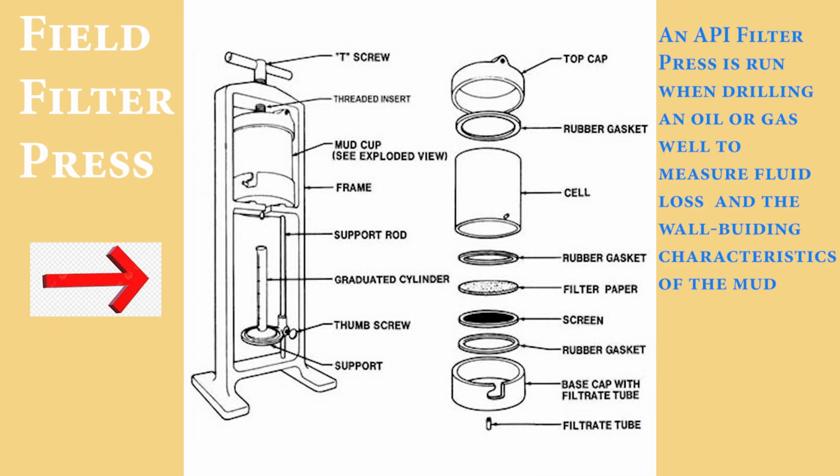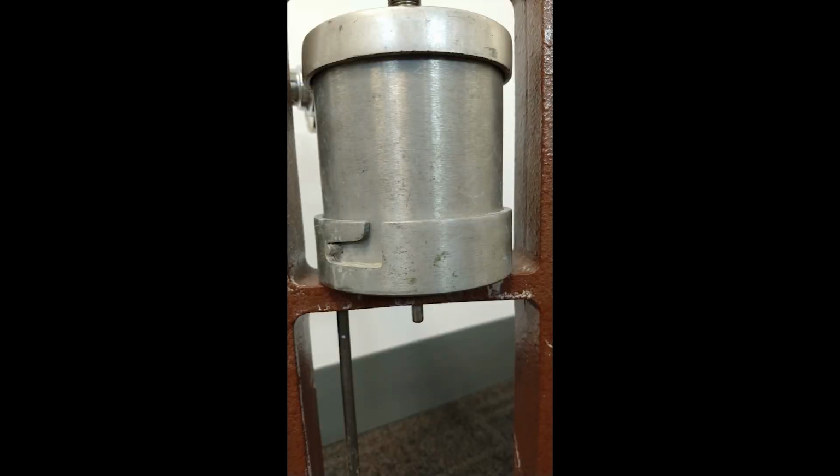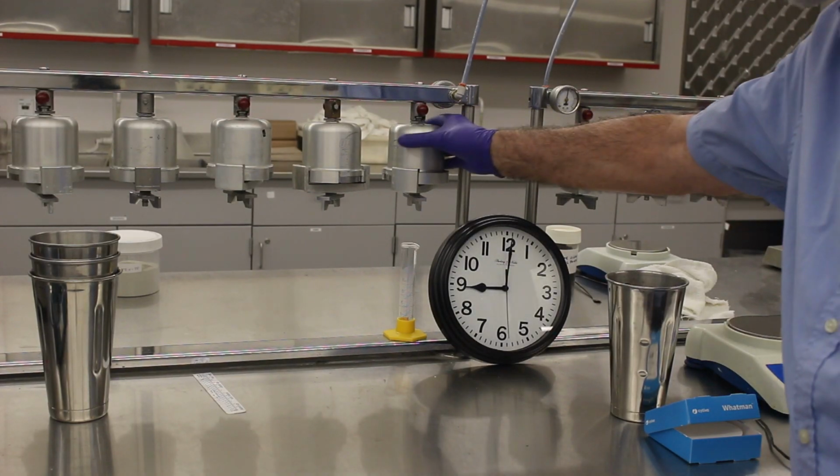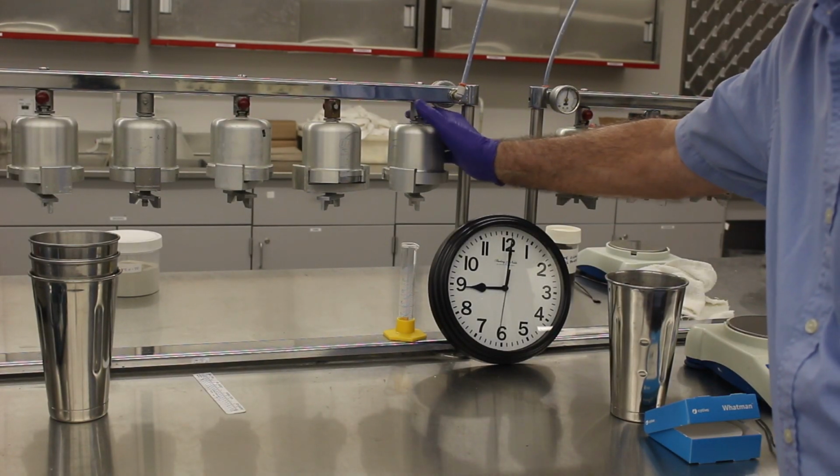An API filter press test is run when drilling an oil or gas well to measure fluid loss in water-based drilling fluids. The filtration and wall-building characteristics of mud are determined by means of a filter press. Essentially, the filter press consists of a cylindrical mud cell with an inside diameter of 3 inches and a height of 2.5 inches or greater.